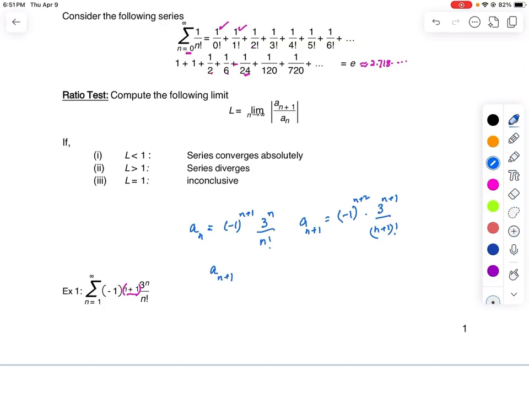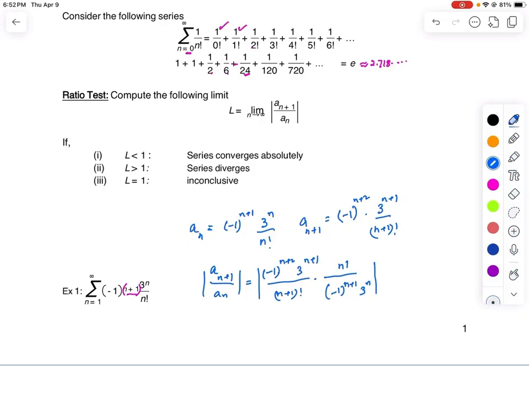Now we have to find the ratio a_(n+1) over a_n, in absolute value. This would give me negative 1 raised to n plus 2, 3 raised to n plus 1 divided by n plus 1 factorial, divided by a_n, which means multiplied by the reciprocal of a_n. So n factorial goes up, negative 1 raised to n plus 1 goes down, and then 3 raised to n.